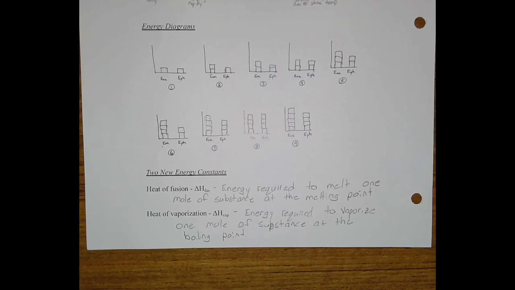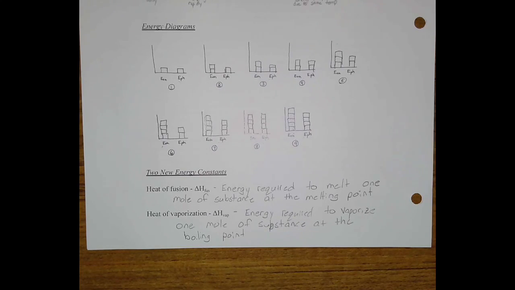The only reason this one has to be done in number of moles is that if you look on your resource sheet, you'll see that the heat of fusion is given in terms of kilojoules per mole, as opposed to being given in terms of grams or joules per gram.